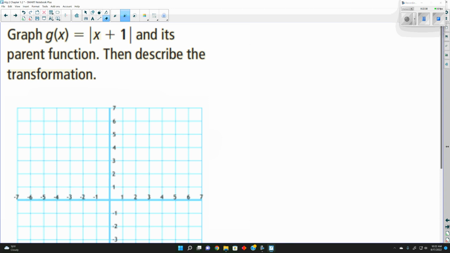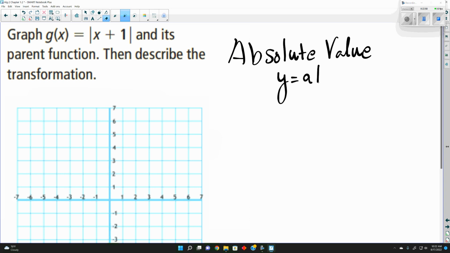So which one is this parent? Absolute value. Because we have the absolute value bars. Now, the general function for this here, y equals a absolute value of x minus h plus k.